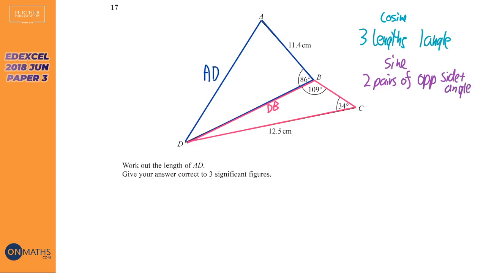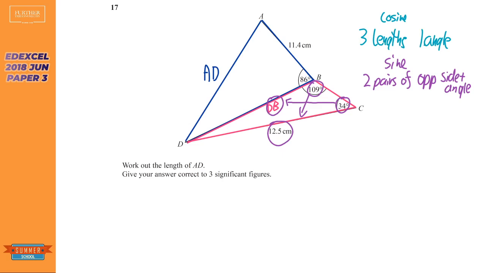What I mean by that is, for the sine rule you need an angle, and then you need to know the length opposite it, and you need an angle and you need to know the length opposite it. Now one of those can be unknown, so either the angle or the length, but you need two pairs of opposite side and angle. Okay, and here that is true.